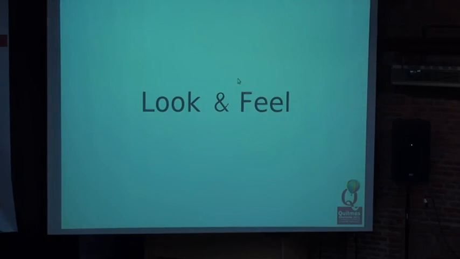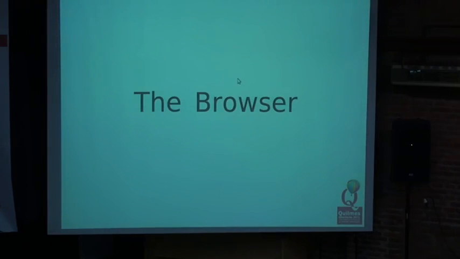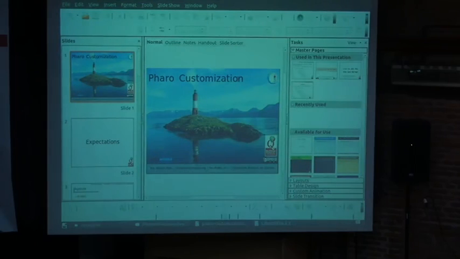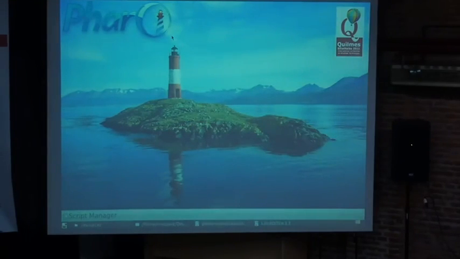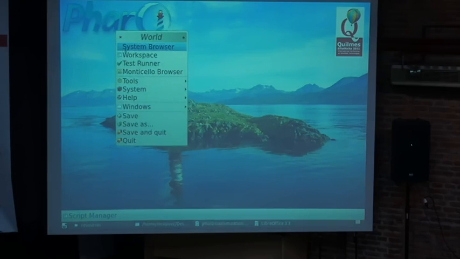So, look and feel. Another interesting thing is the browser. As Marcus mentioned a minute ago, there are several browsers out there. When you download the image, you have just two, right? In the development image, you have the Omni browser, that is the one that is here.